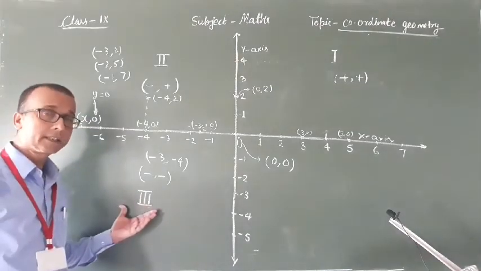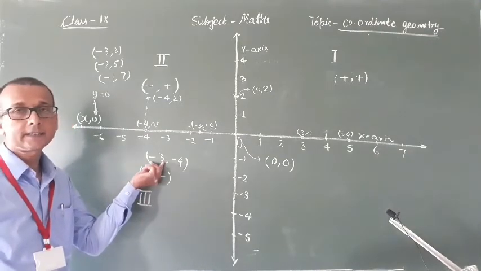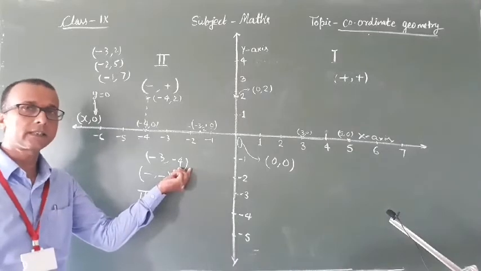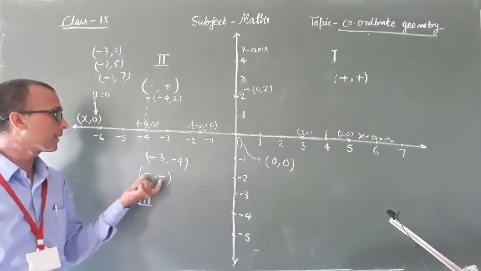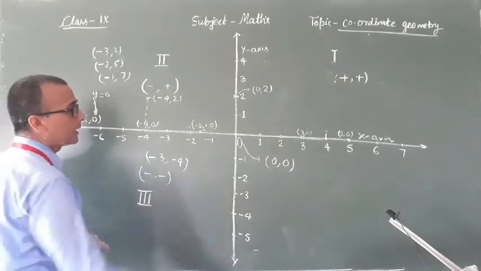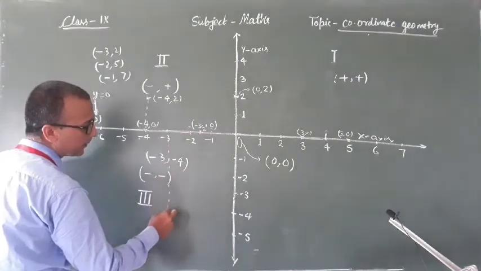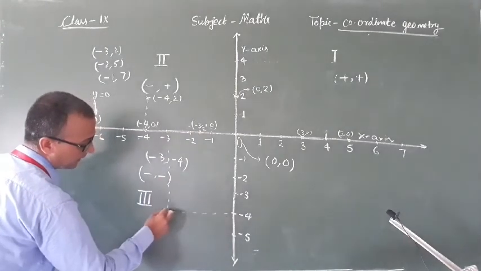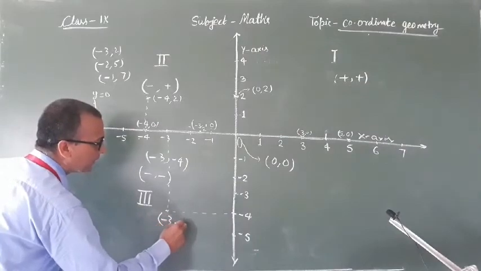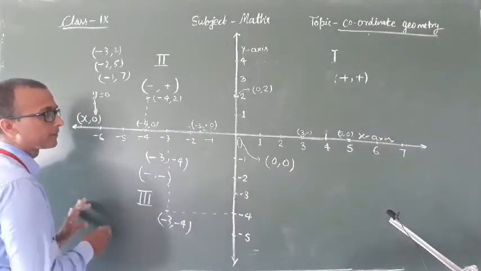It will be situated in the third quadrant because the first number, -3, is negative, and the second number, -4, is also negative, and negative, negative will be situated in the third quadrant. Let us show it. Here is -3 and this point is -4. This point is known as (-3, -4) and it is in the third quadrant.